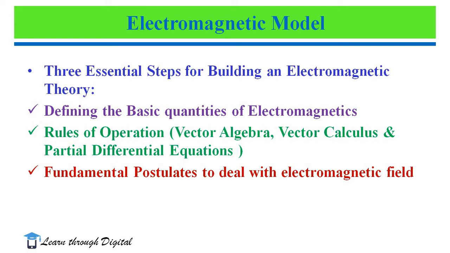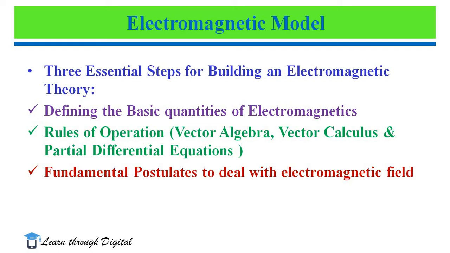We consider one familiar example: the circuit theory built on a circuit model of idealized sources and pure resistance, inductance and capacitances. In this case, the basic quantities are voltages, currents, resistances, inductances and capacitances.